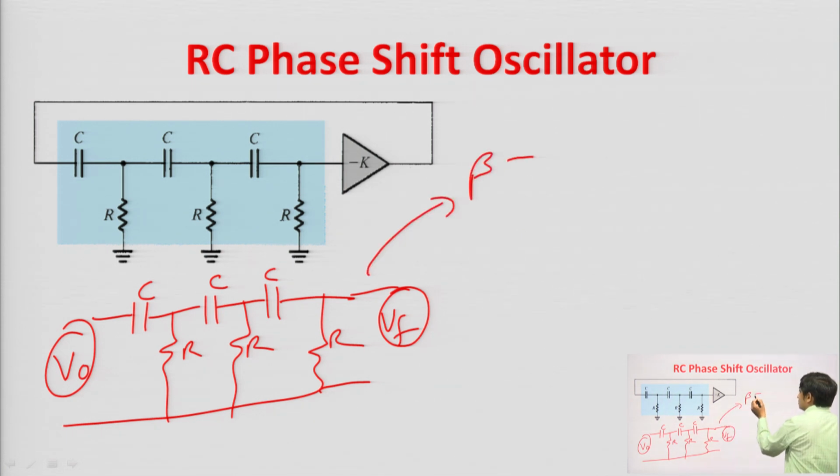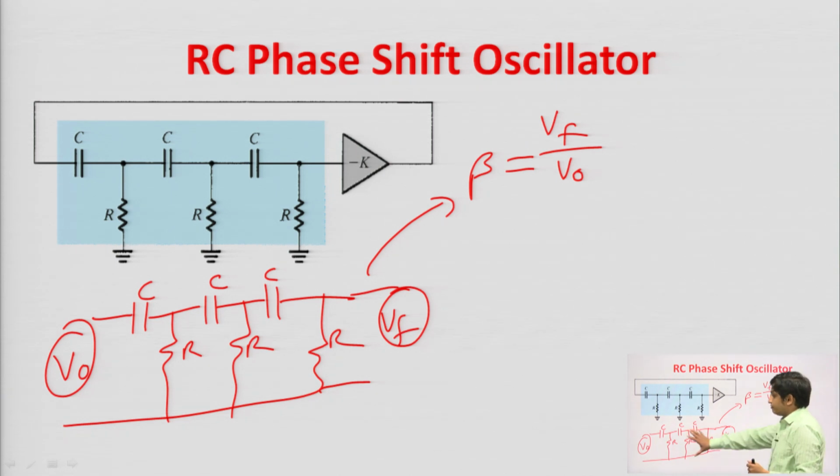Beta is important. Beta is the feedback factor. Beta will be Vf upon V naught. So, from this circuit we need to calculate Vf upon V naught. It means it is a network problem. To calculate Vf upon V naught, what can we do?